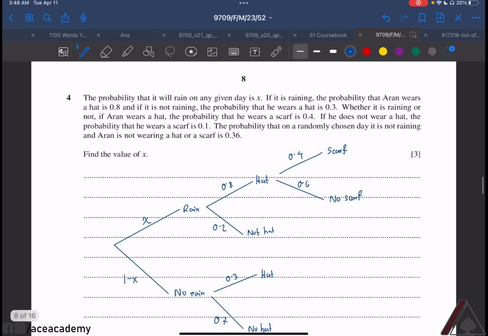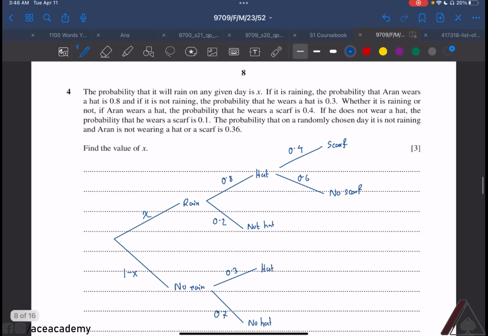If he does not wear a hat, then the probability that he wears a scarf is 0.1, and the probability that he does not wear a scarf will then be 1 minus 0.1, which is 0.9.